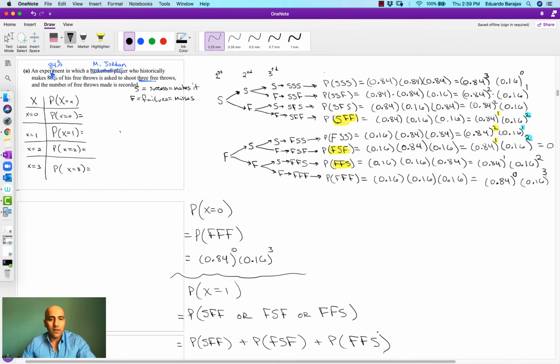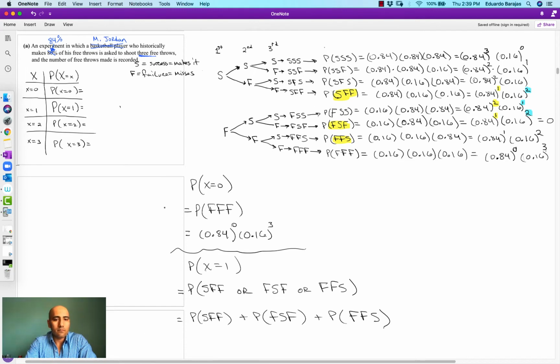Okay, well, again, following our chart here, we see that this one is going to be equal to 1 success, 2 failures, 0.84 to the power of 1 times 0.16 to the power of 2. And this one plus, well, again, there's going to be 2 failures, 1 success.